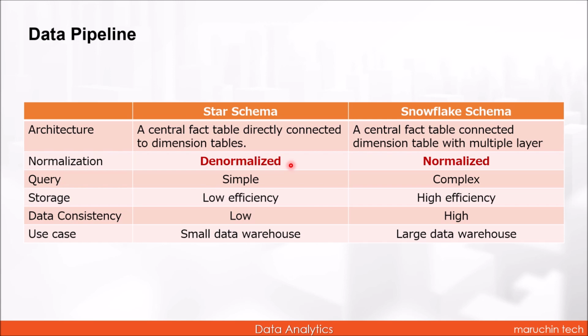But because they are denormalized, the data storage efficiency and integrity are usually low, and star schemas are used for both small and large data warehouses. The snowflake schema, on the other hand, has a highly normalized table structure. It has higher data integrity and is used for large data warehouses.